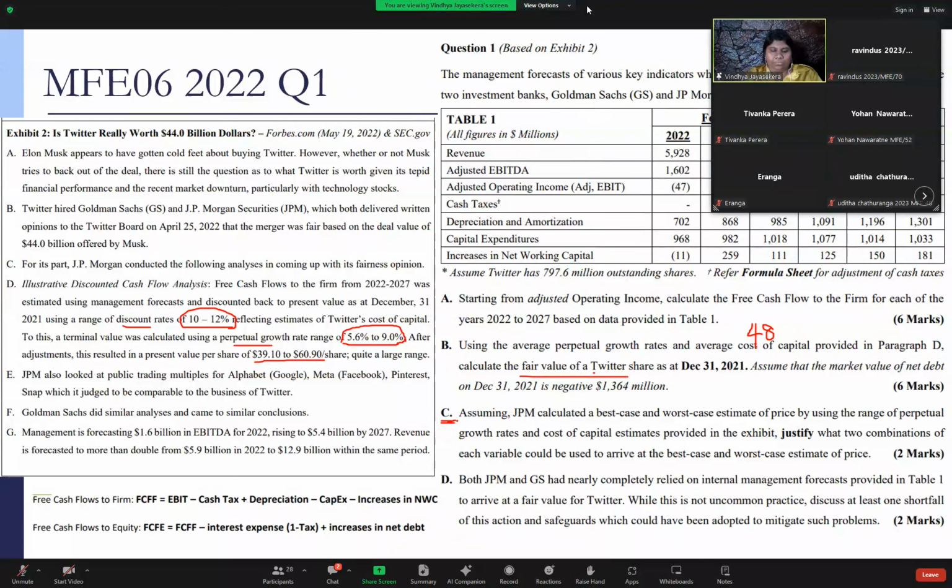Yes, part C, what do you think? We can't even take the break. Part C, what do you think?